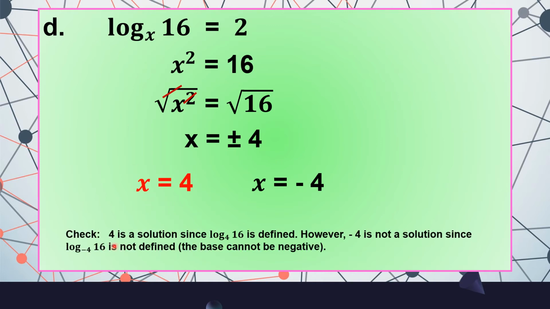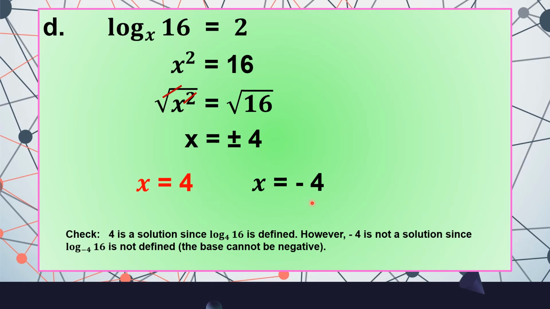So check. Positive 4 is a solution since if we are going to change x into 4, we have now logarithm of 16 with base 4 equals 2 is defined. Why is it defined? Because if this is 4, 4 squared is equal to 16.